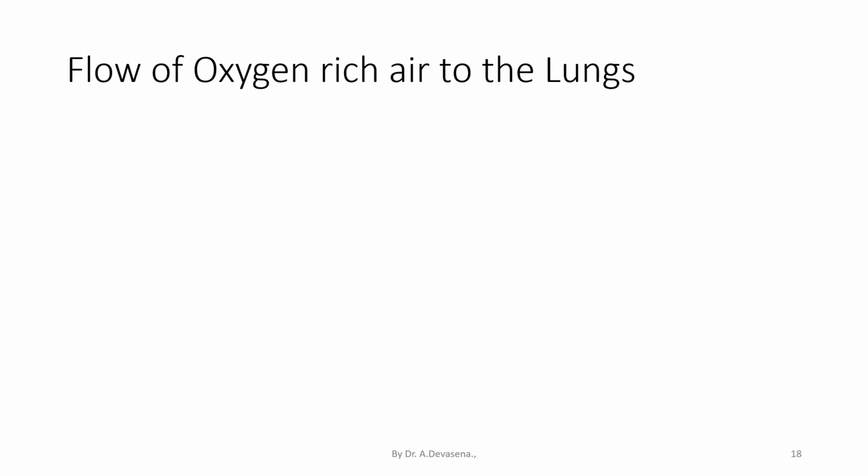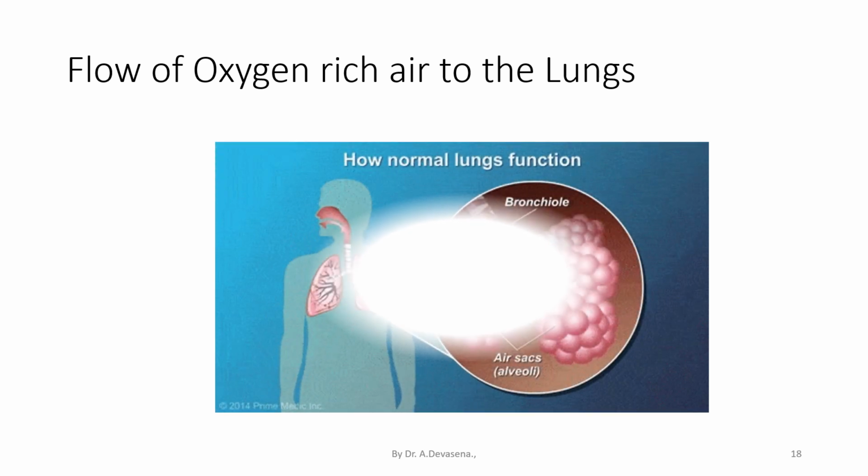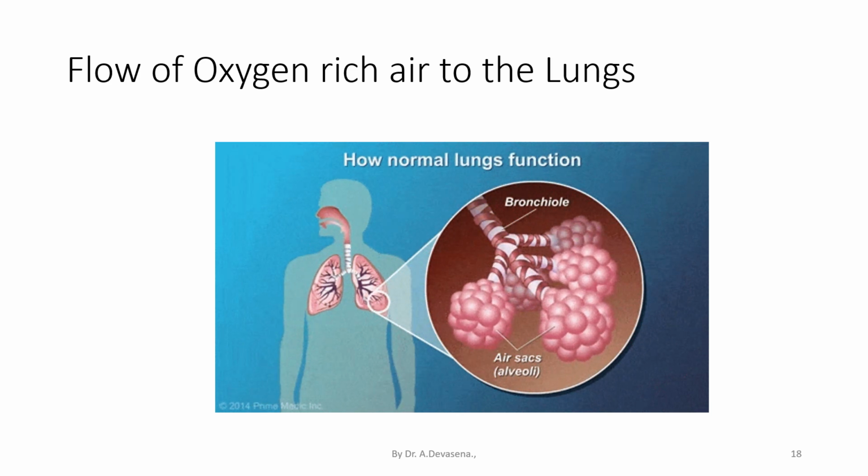Let us see how the oxygen-rich air flows to the lungs. This is the representation of the air that passes to the lungs and to the alveoli. This is indicated here.